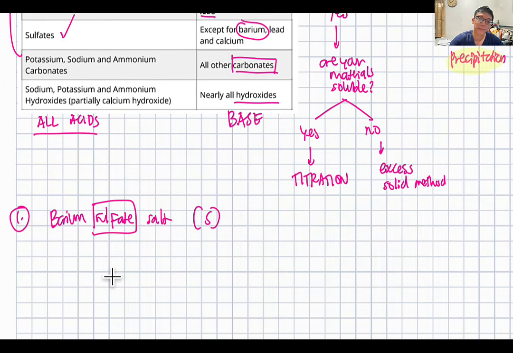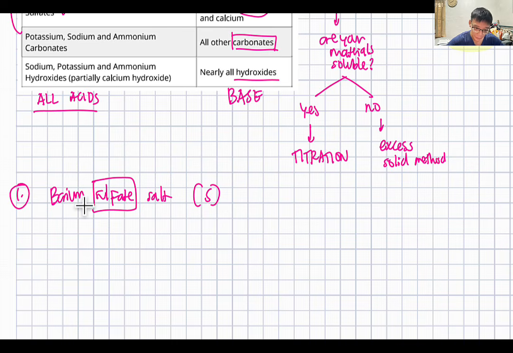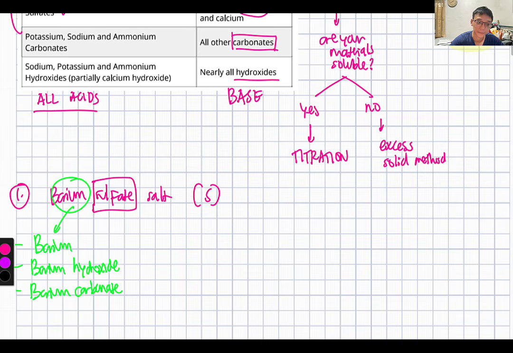So now let's think about some possible materials for us to get barium sulfate. As we discussed before, barium sulfate is a salt. And now we have to find the source for barium. So it can be either barium metal, it can be barium hydroxide, the base, or it can be barium carbonate.